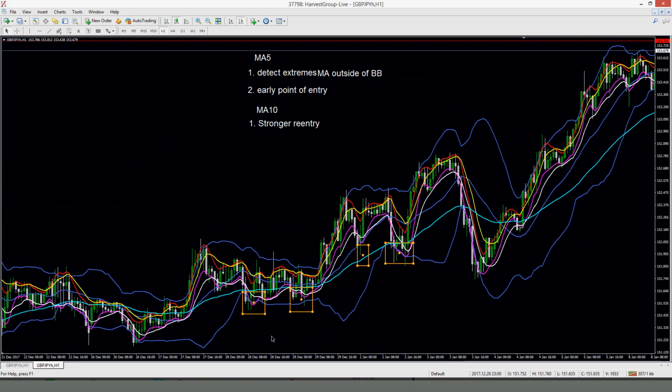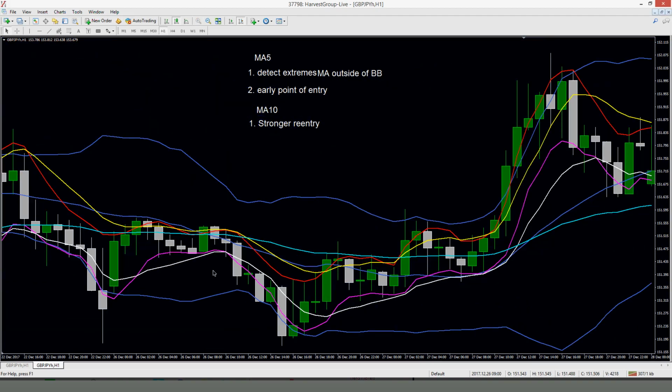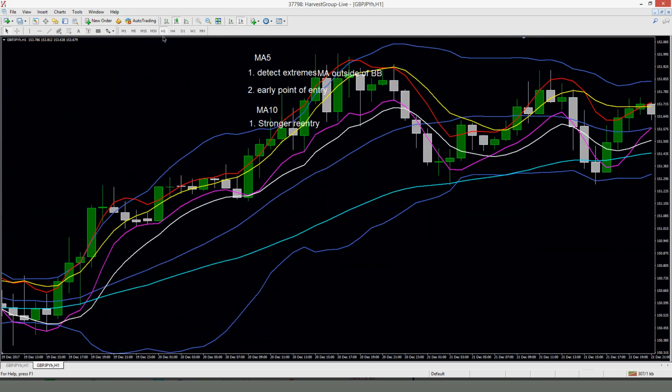Because at a lower time frame, it looks like an extreme at H1, but that extreme is alongside EMA 50. So when you know that there's an extreme at EMA 50, over here is a very good example of a giveaway.